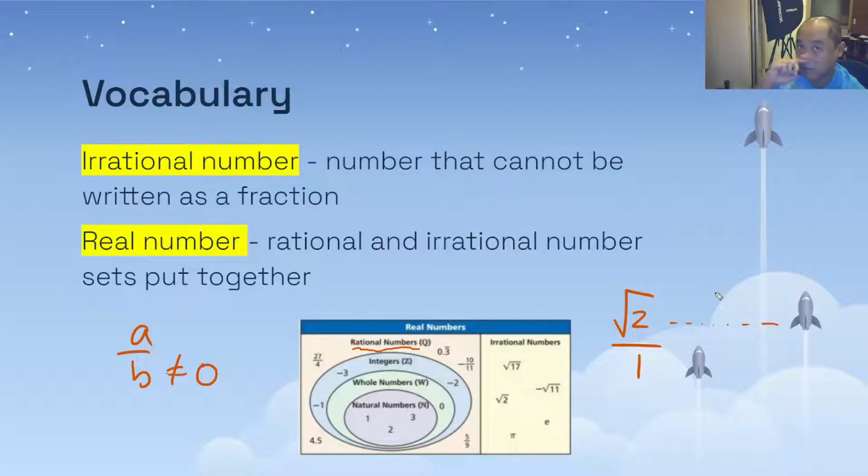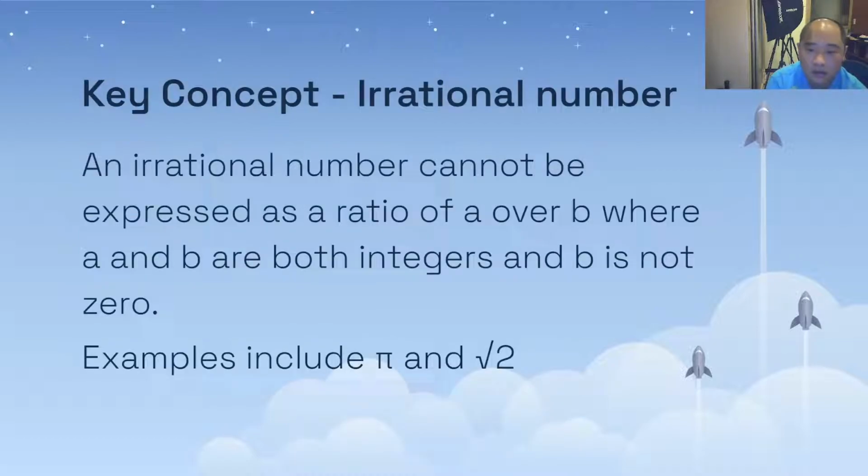Okay, so you remember when we were able to turn numbers like 0.3 repeating into a fraction? You cannot do that with the square root of 2. Or with pi, or e, or any of these other examples. And there's more examples than that. Yeah, an irrational number cannot be expressed as a ratio of a over b.